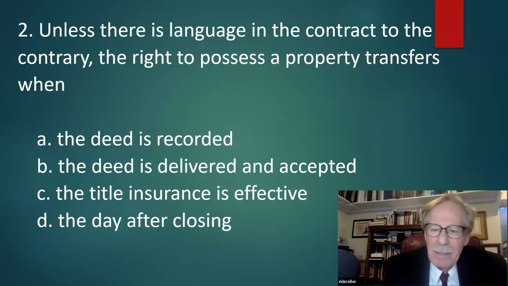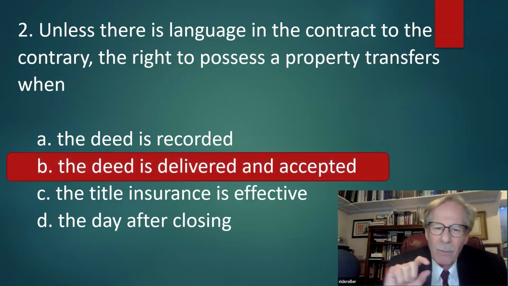That's more of a theoretical type of idea, but still, the right to possess a property transfers when the deed is delivered and accepted. Now, we handle this in the contract. We have a section in the contract that handles the right of possession.